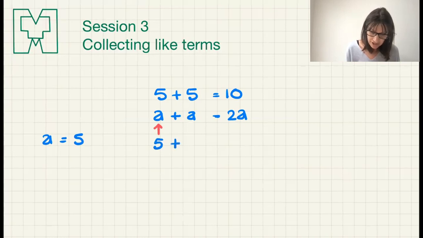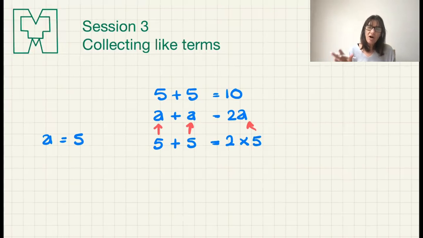And I've got to add another A. Well, I've been told A is 5. So that A there is 5. And then here I've got 2 squashed to the A, remember, which means times, but I have an A. And I must replace all my A's with the number 5.